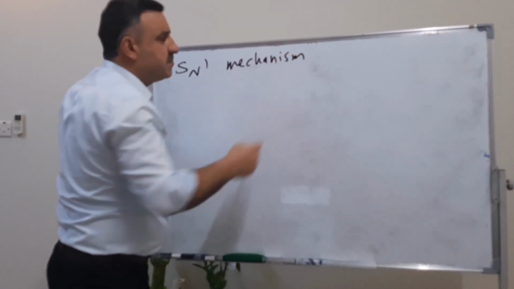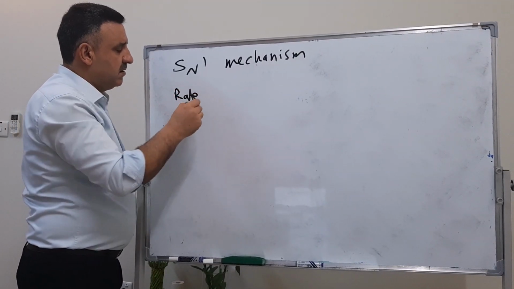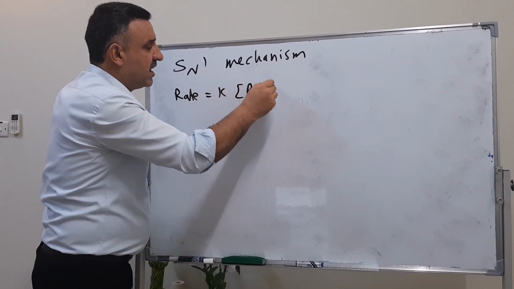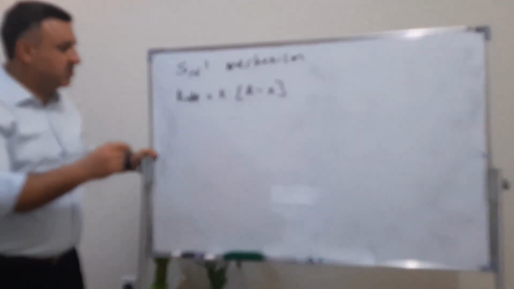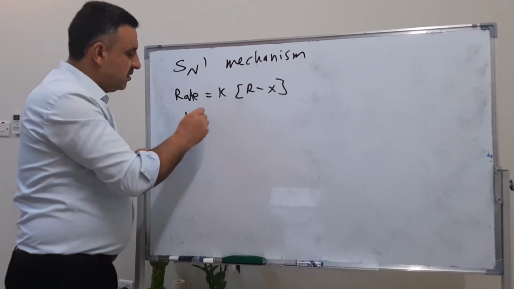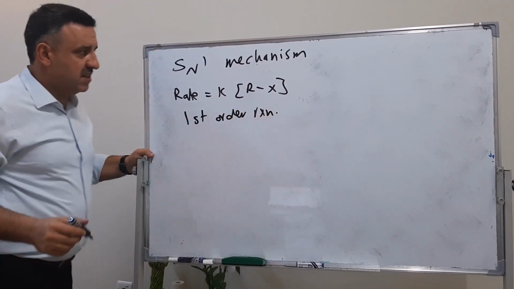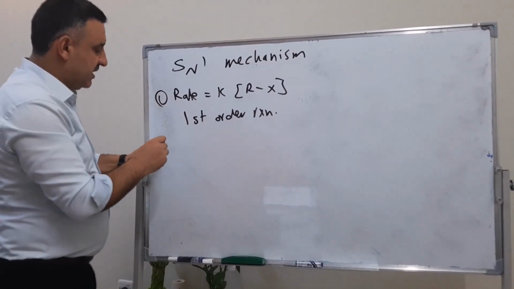From its name, it's unimolecular. In other words, the rate of the reaction depends only on the substrate, RX. It has no dependence on the nucleophile. So it is a first order reaction.